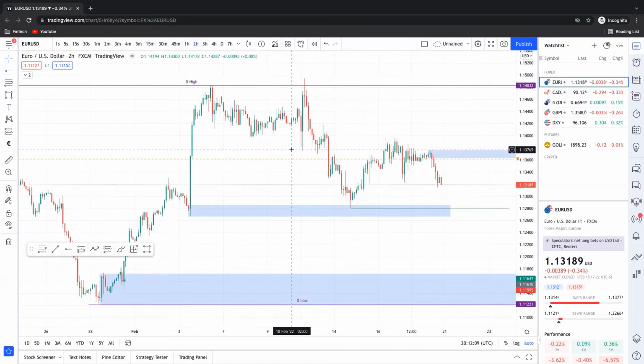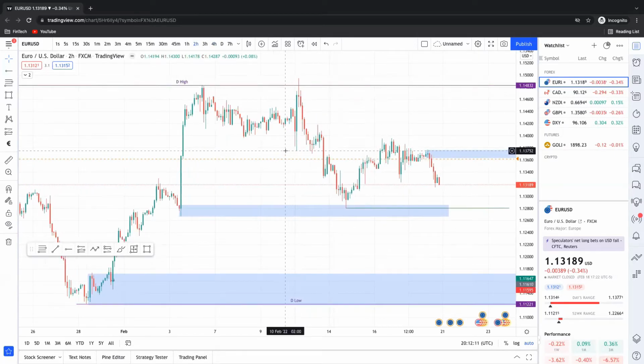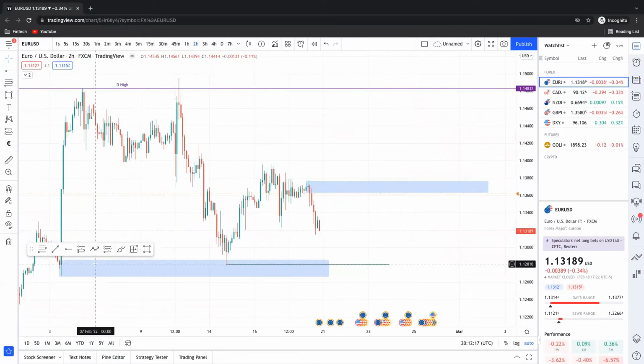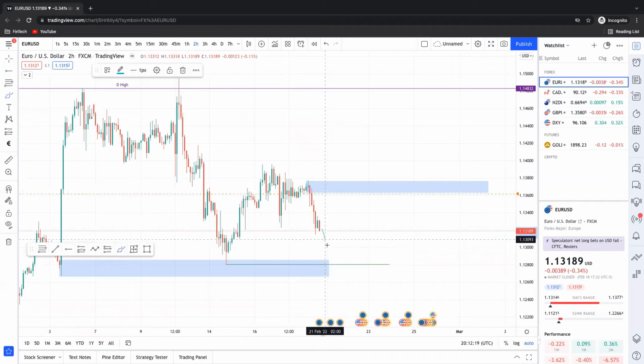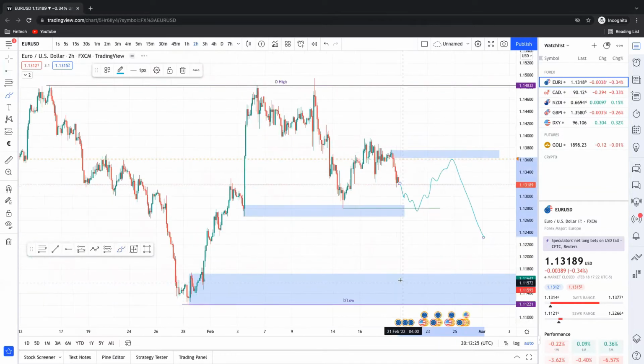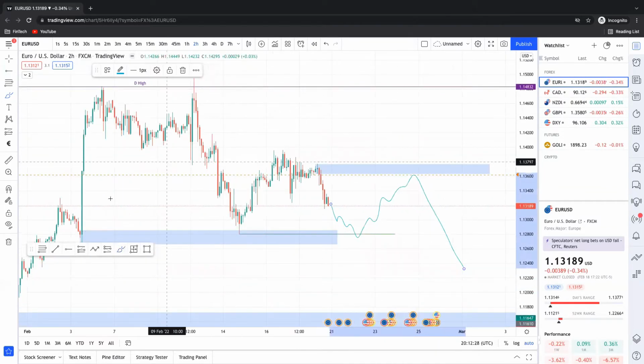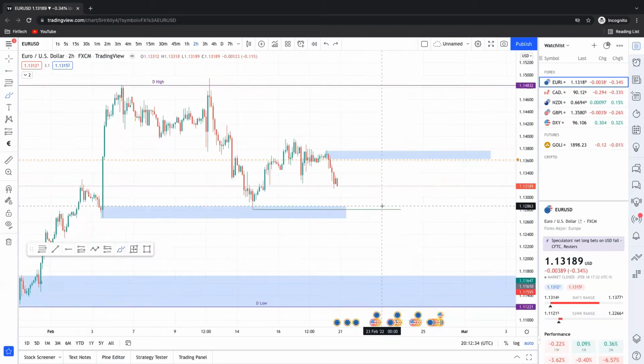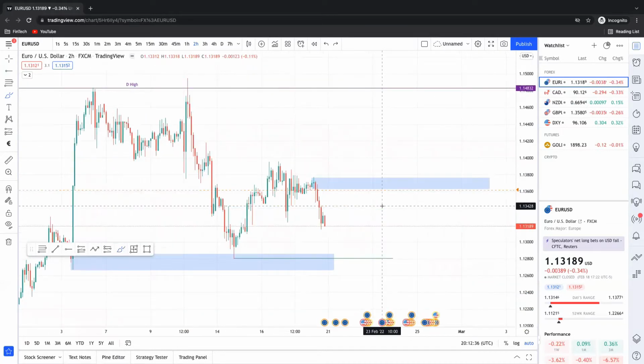So basically, you're just reacting from this point of interest, and tomorrow and the day after it will just continue to fall, and we'll break this, and then it might come here and then go down. It is looking extremely bearish at the moment, and you need to take any scalp or opportunity during London Open or New York Open, whatever session you trade.